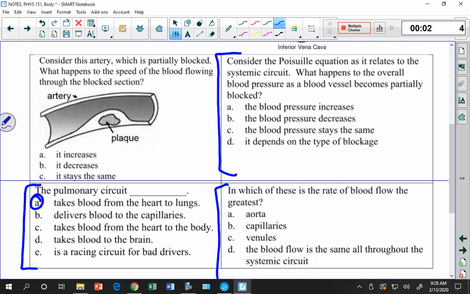It's bottom right. Is the rate of blood flow, Q, greatest in the aorta, capillaries, the venules, or is it the same throughout all the systemic circuit?